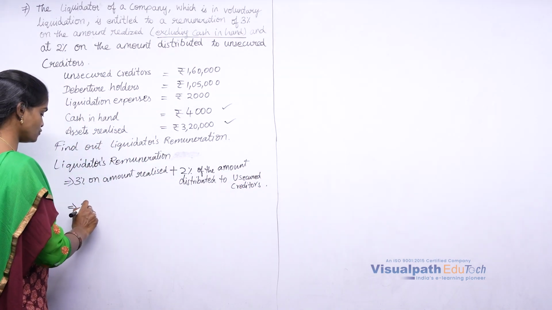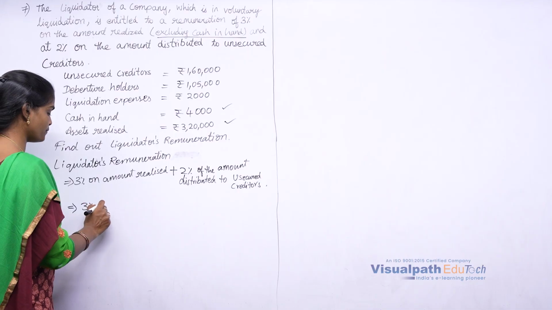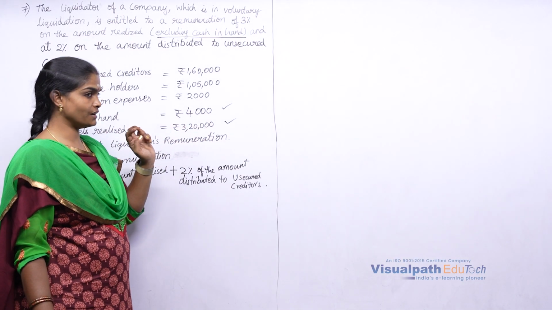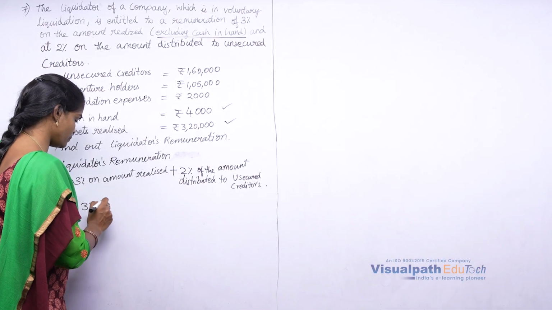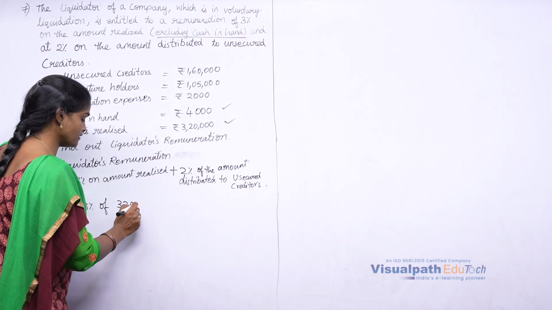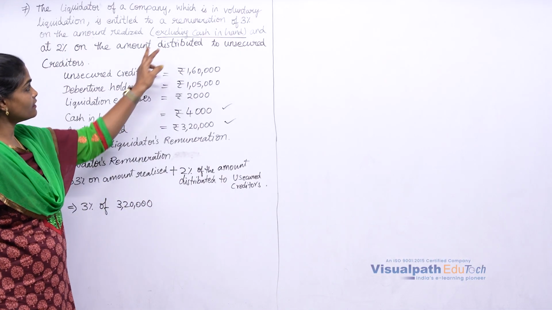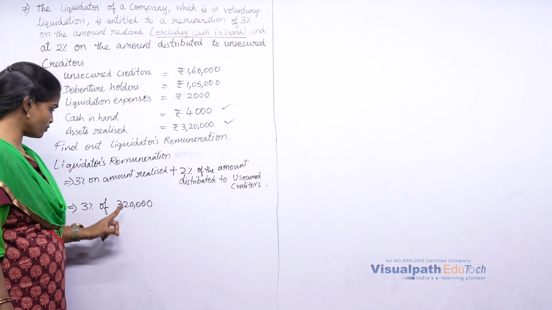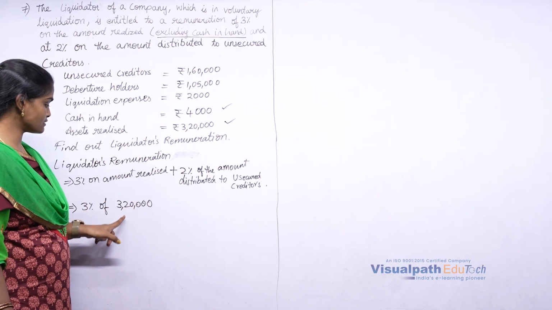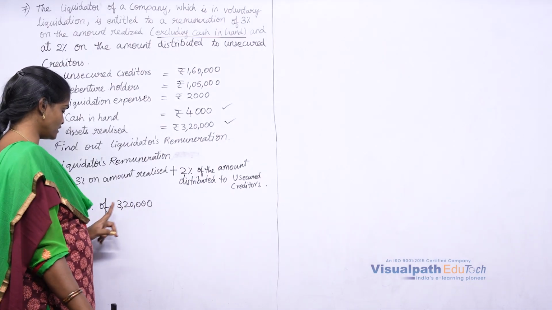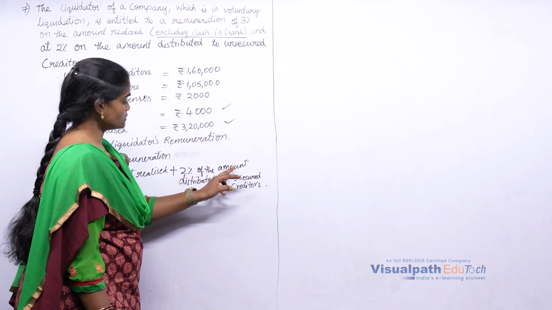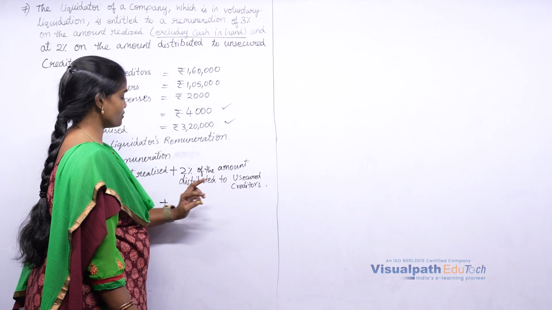So 3% on amount realized. How much are assets realized? 3,20,000. So 3% of 3,20,000. Here he clearly mentioned excluding cash in hand, so we have to exclude it while calculating remuneration. So 3% of 3,20,000 plus 2% of the amount distributed to unsecured creditors.